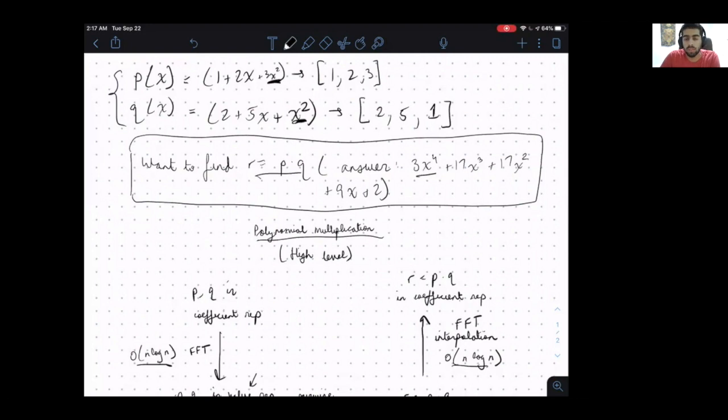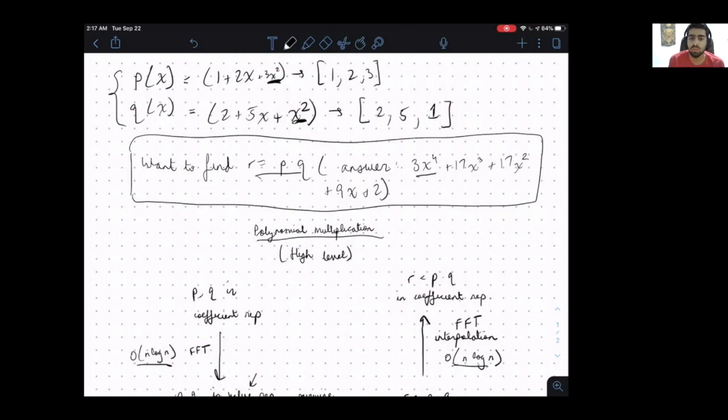By the end of the video, we should be able to come back to this point and see if our fancy algorithm with FFT was able to give us the right answer for this polynomial multiplication or not.